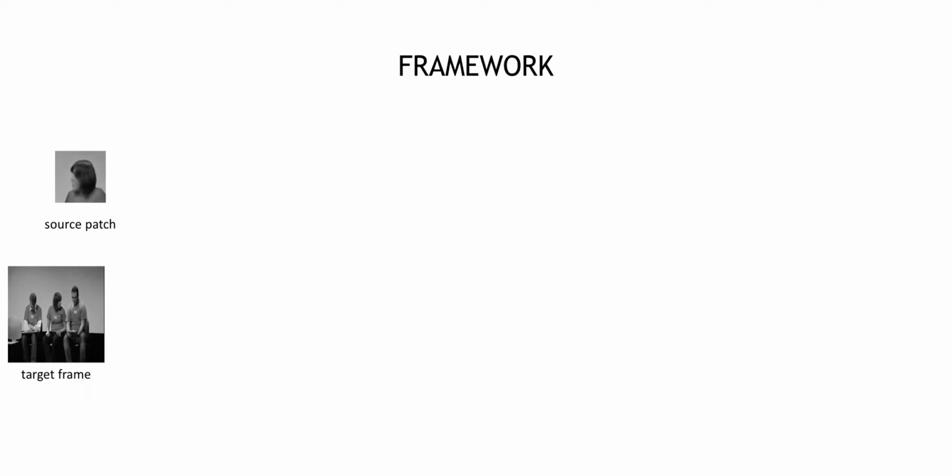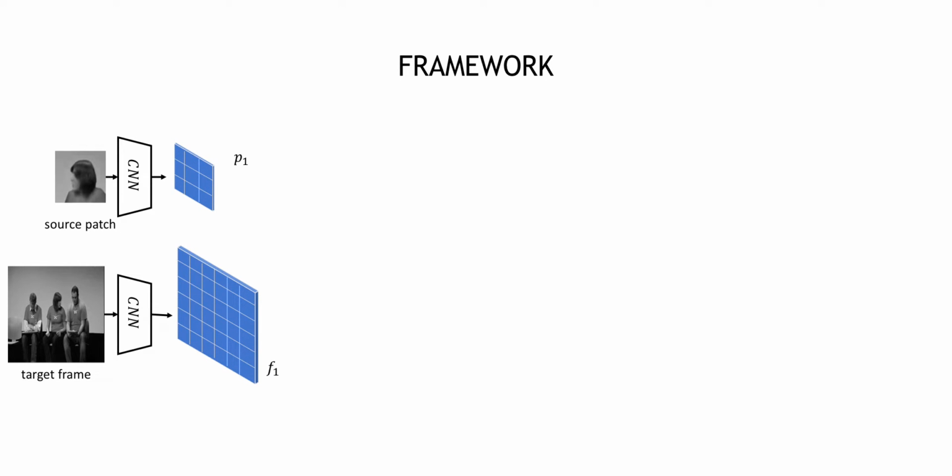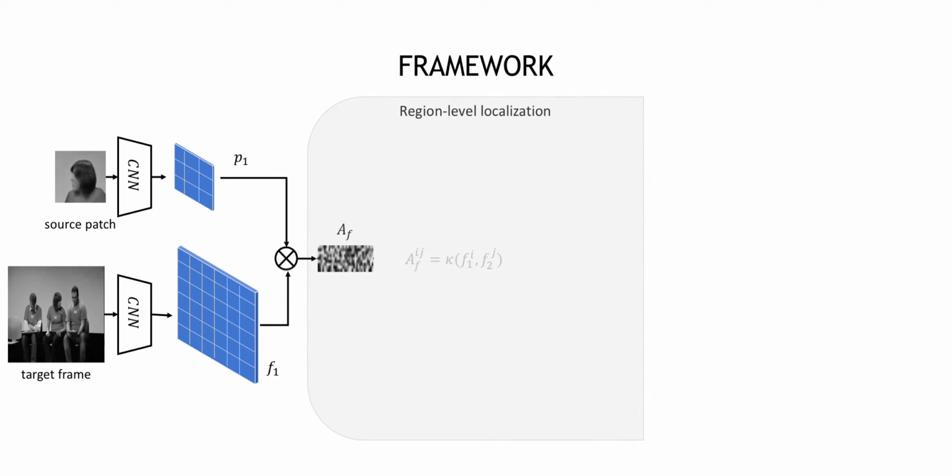Specifically, given two frames, we first randomly sample a patch from the first frame while keeping the full target frame. The CNN that learns image representations will output features of both the source patch and the target frame. The affinity matrix is computed to represent the similarities between these two feature maps.